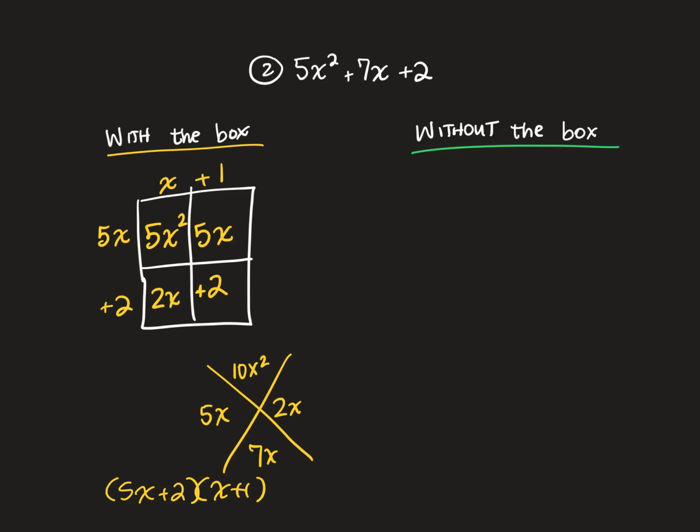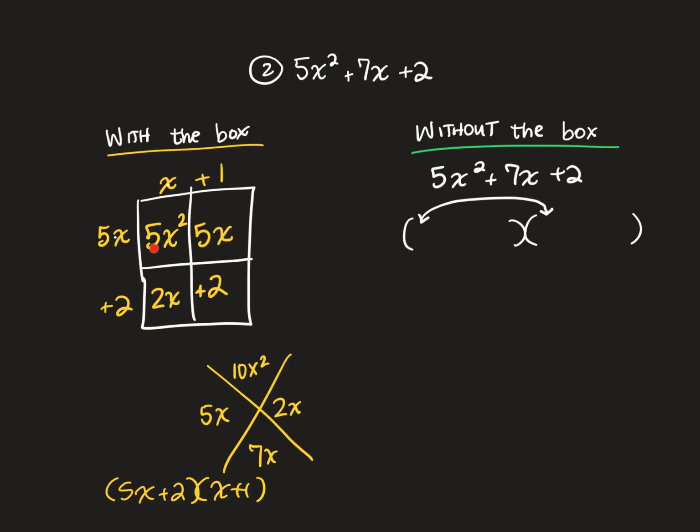So let's start with my trinomial. And I know that I'm setting this up in a way that gives me a binomial times a binomial. So remember that this first term times this first term is essentially this, x times 5x in our box.